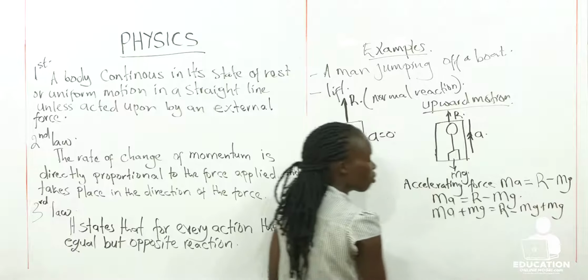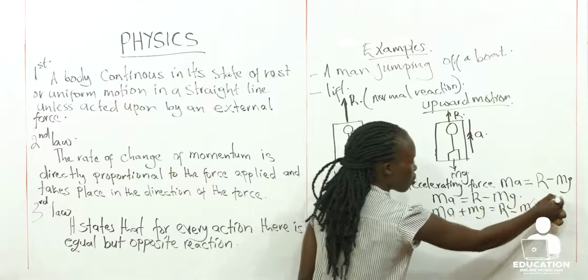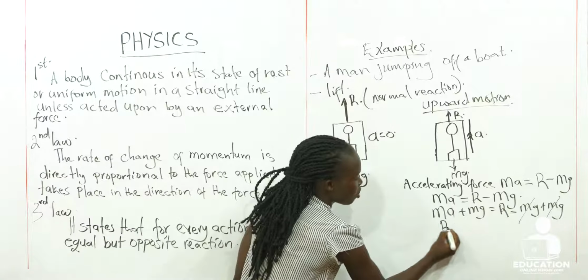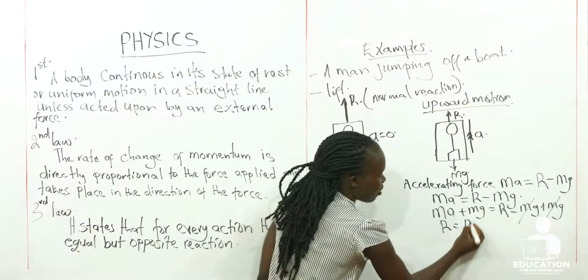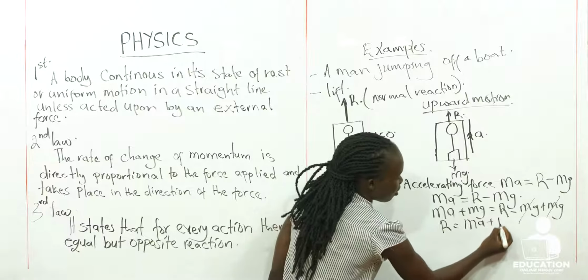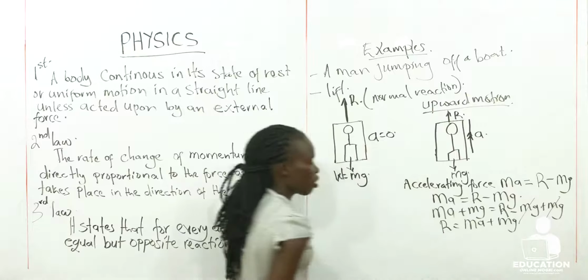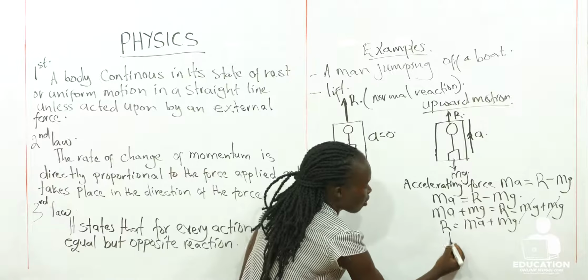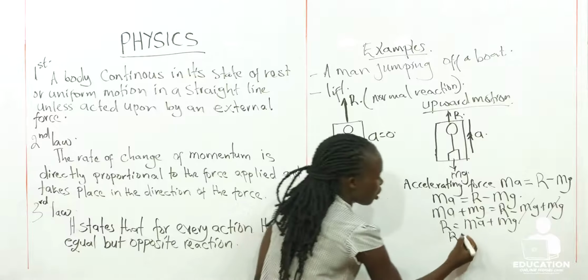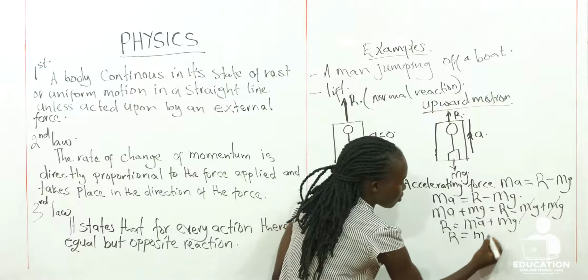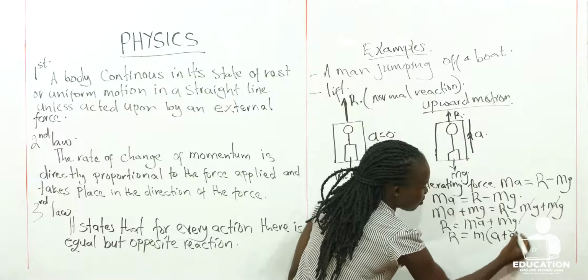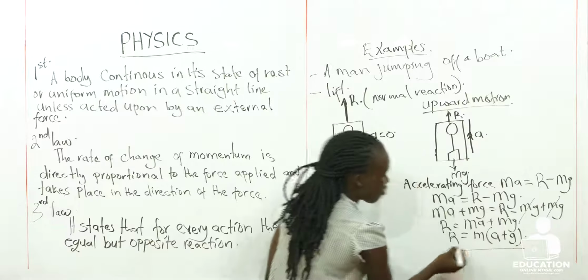We are adding it on both sides so that we cancel it from this side and take it here. You'll see that our normal reaction will give us the accelerating force plus the weight. So let's factorize our mass. So we shall have the normal reaction equal to the mass times the acceleration plus the acceleration due to gravity.